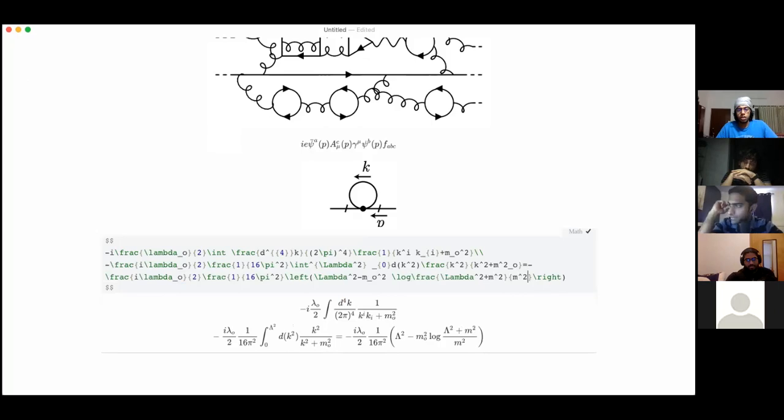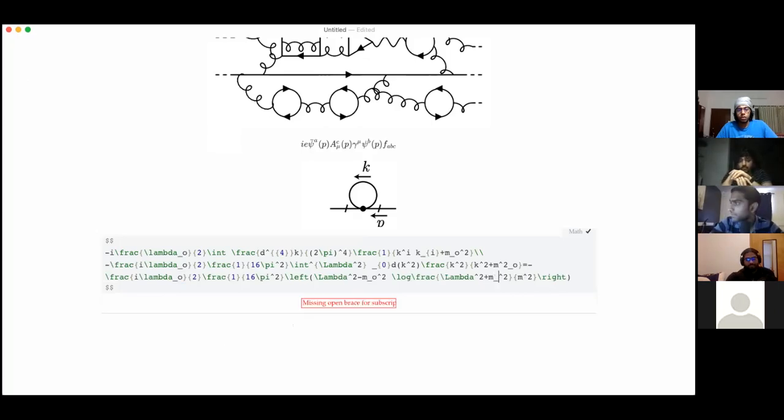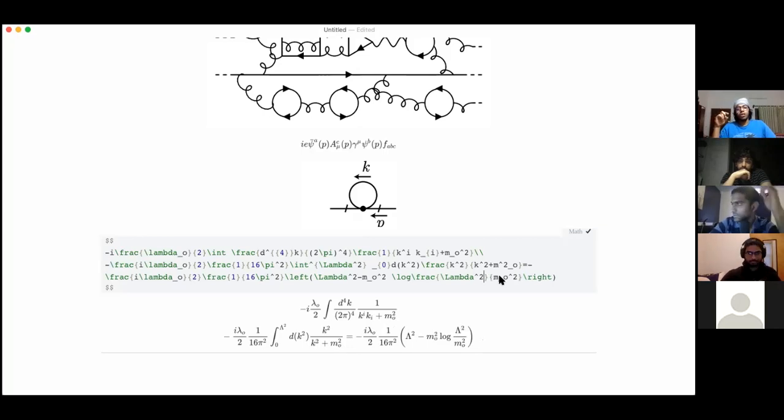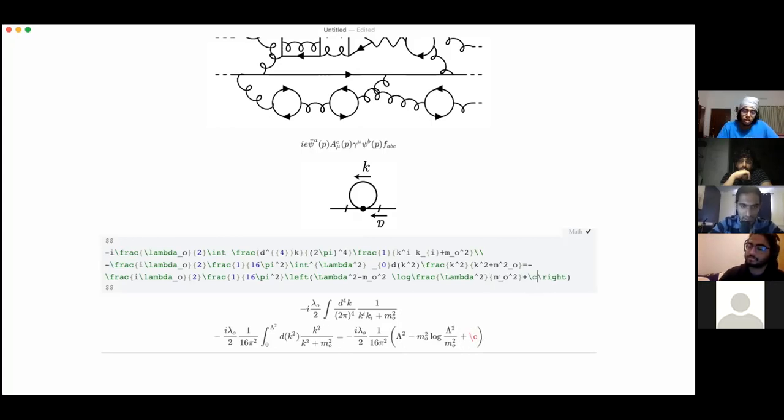Yeah, so this is what you're going to get. And all of this is m naught, basically. And as you can see, since lambda is going to be taken to be large, we can really ignore this extra m naught squared here. It's going to be much larger than m naught squared. So whatever, it's this plus stuff. That doesn't matter too much.